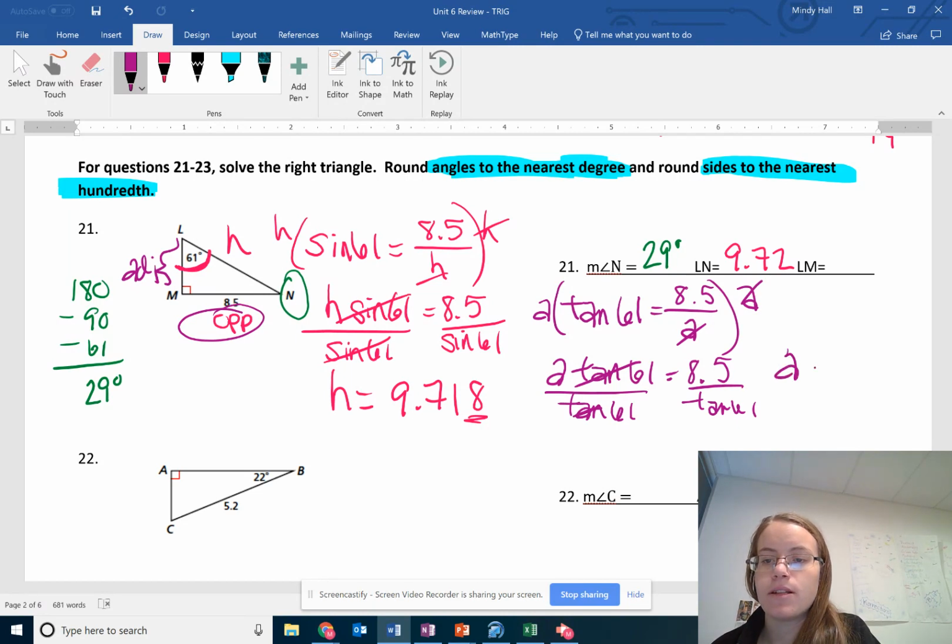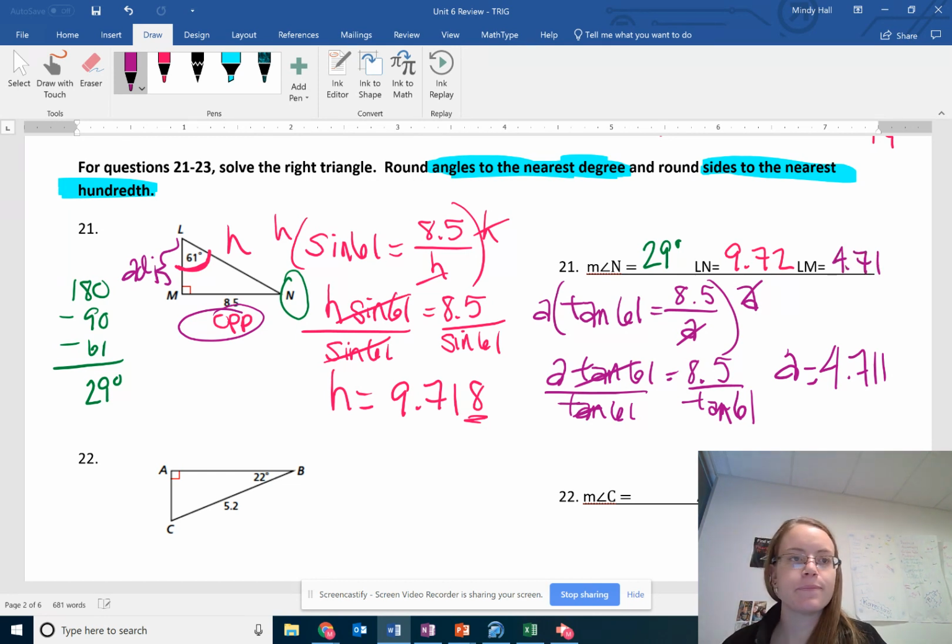So then A ends up equaling 8.5 divided by tangent 61, let me rewrite that 61 so it actually looks like a 61, is 4.711. So then in terms of rounding, that would just be 4.71.